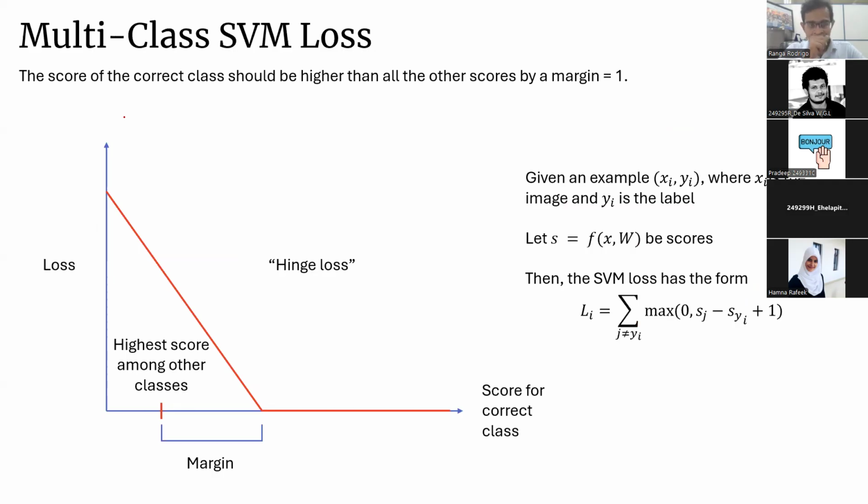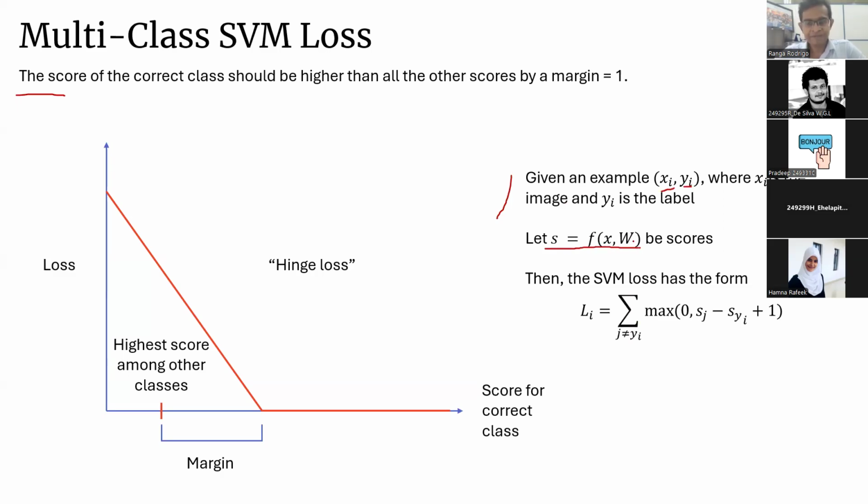Okay. The score of the correct class should be higher than all other scores by a margin equal to 1. That's the thing about the multi-class SVM loss. I will slowly explain this to you. Given an example xi, yi, xi is the image, yi is the label, and the score is f(x, W).